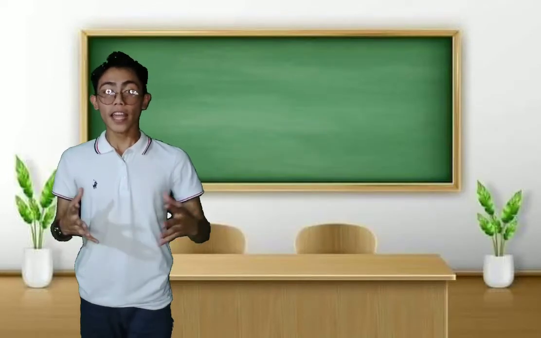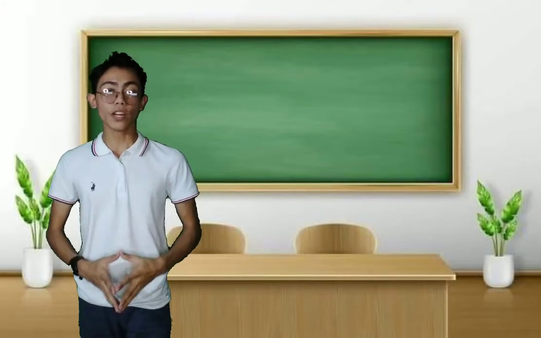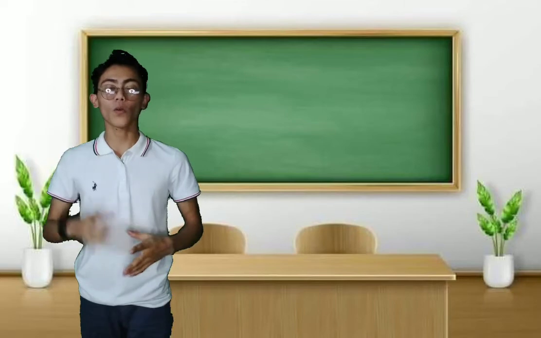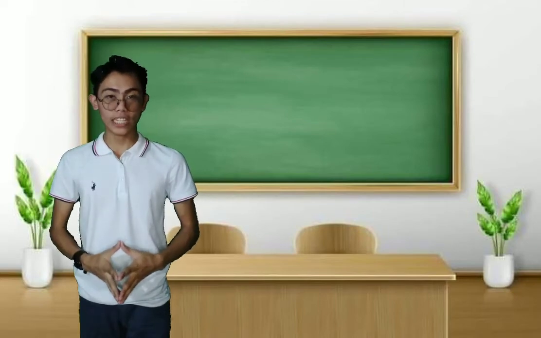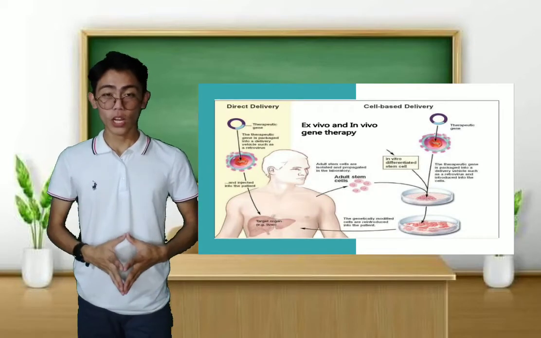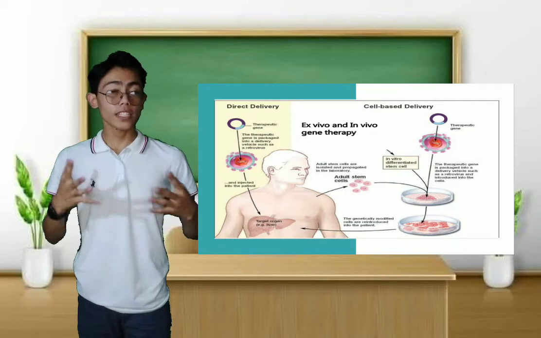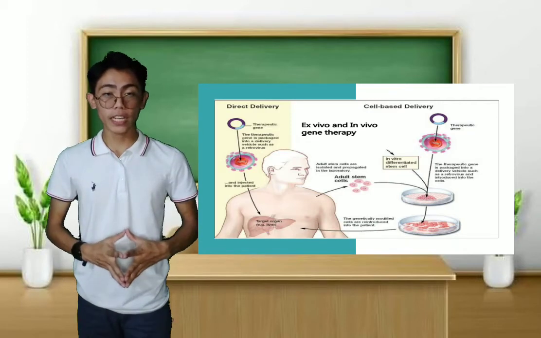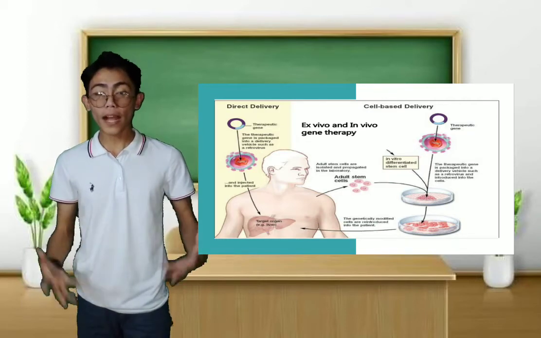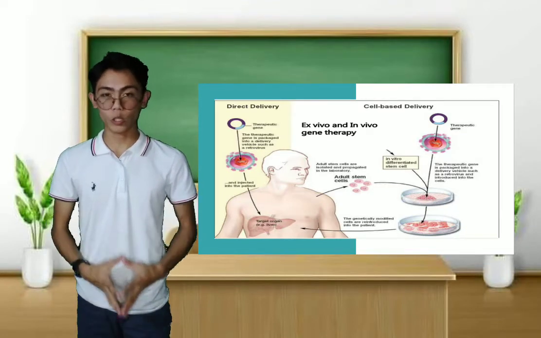Now, let's take here an example of an illustration that shows the difference or how it works, the in vivo and ex vivo somatic gene therapy. First is the in vivo, or also known as the direct delivery. An example of it is a therapeutic gene covered with and packaged into a delivery vehicle such as the retrovirus.